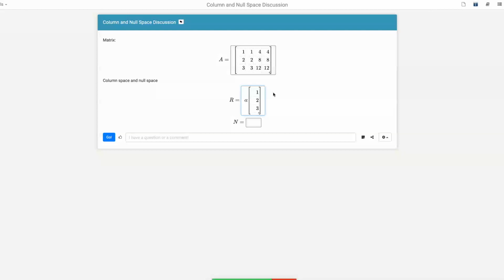And it turns out, no, it doesn't, because it's already a multiple of what we already had. That's a pivotal realization: the third column adds nothing to the picture because it's just a multiple of 1, 2, 3. So it's already in there. And the fourth column similarly adds nothing to the column space. So the column space is just alpha times 1, 2, 3. That's what the column space is.